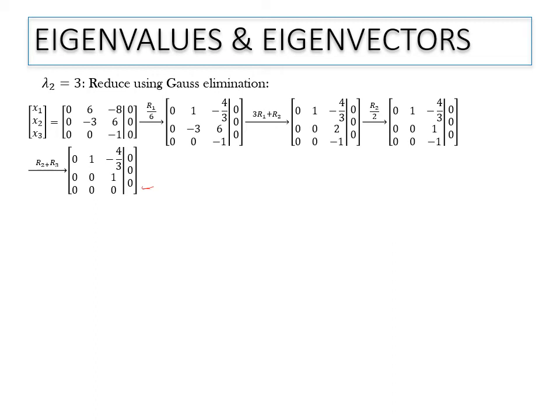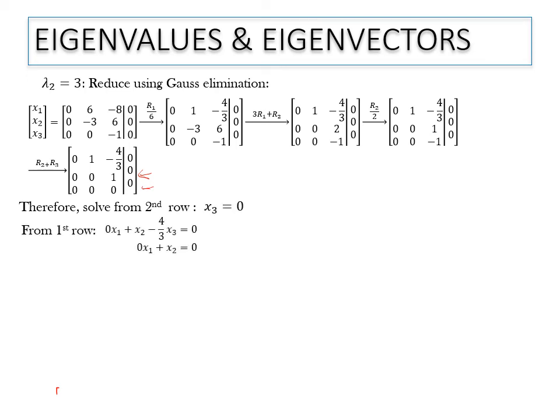From the second row, we get x3 equals 0. From the first row, the equation is left with 0 x1 plus x2, so x2 must equal 0.